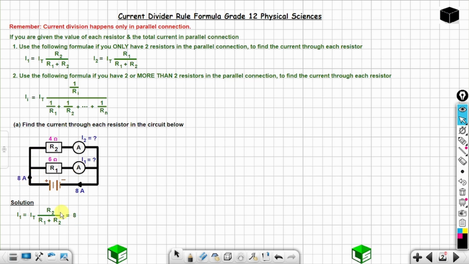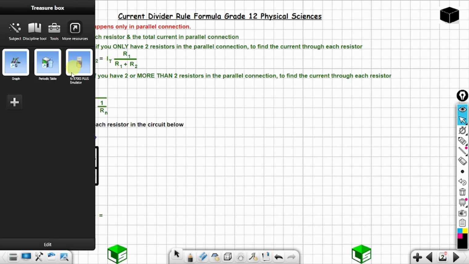R2 is 4 ohms, over R1 plus R2, 6 plus 4. You can use your calculator.